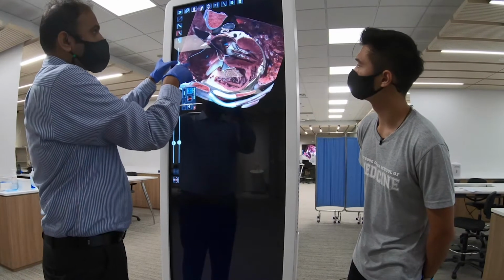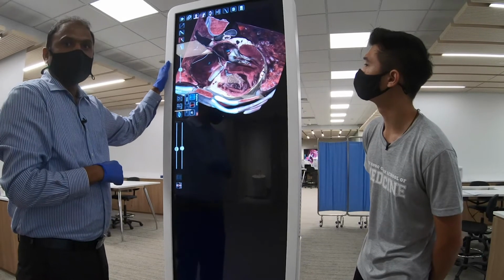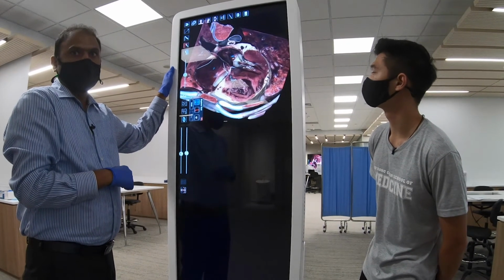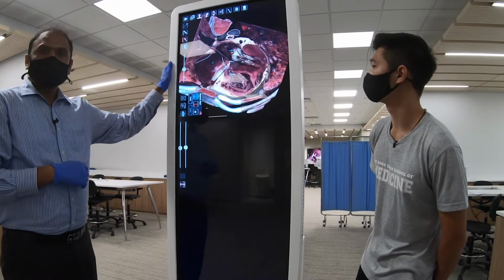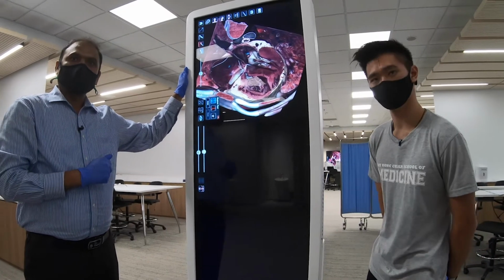And this cross-sectional anatomy would be very helpful when you're interpreting patient CT scans or MRI imaging data. Now, I'm going to take you to the Anatomy Resource Center, which is unique to LKCMedicine.